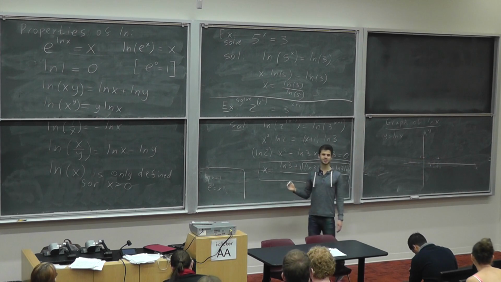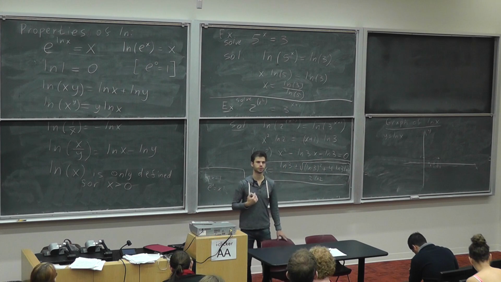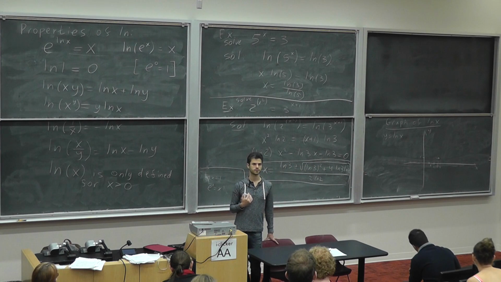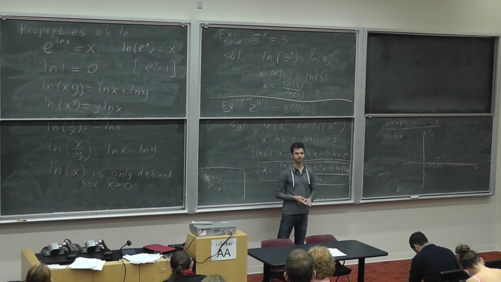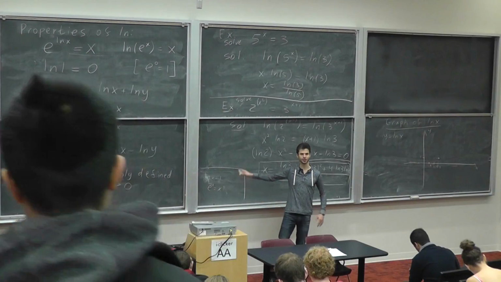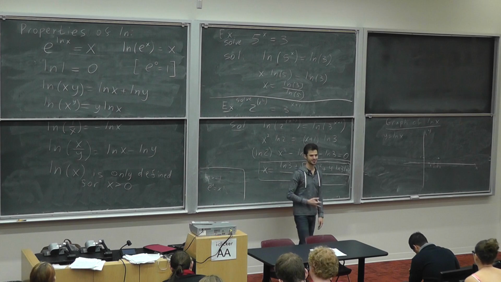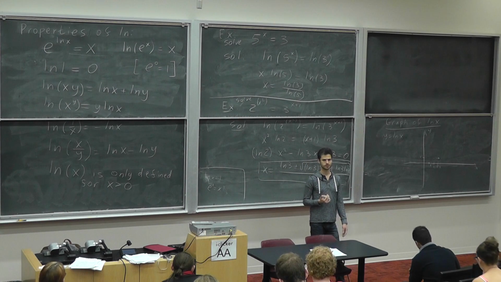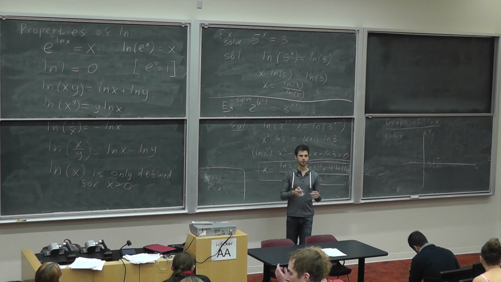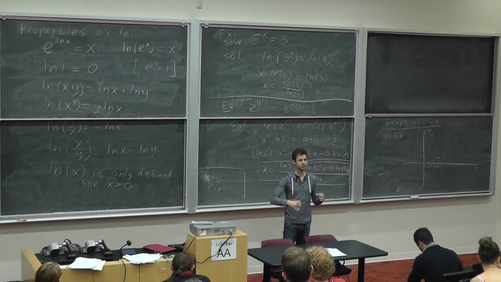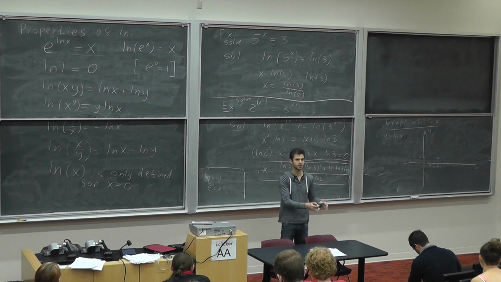For what value of x is the logarithm going to be 2? ln of what number is equal to 2? Think along similar lines. e squared, yes. So ln of something being 2 means that once you raise e to the power 2, you get this number.